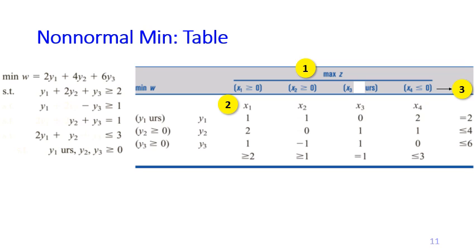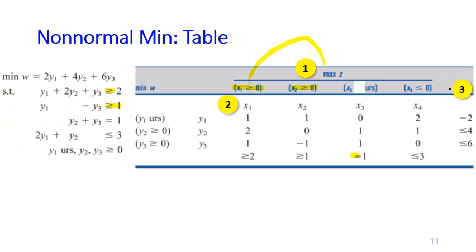In the primal, the first constraint is normal, so the first variable in dual is also normal. A normal variable in maximization case is greater than or equals to 0. The second constraint is also normal, so the second variable also has the normal sign restriction greater than or equal to 0.